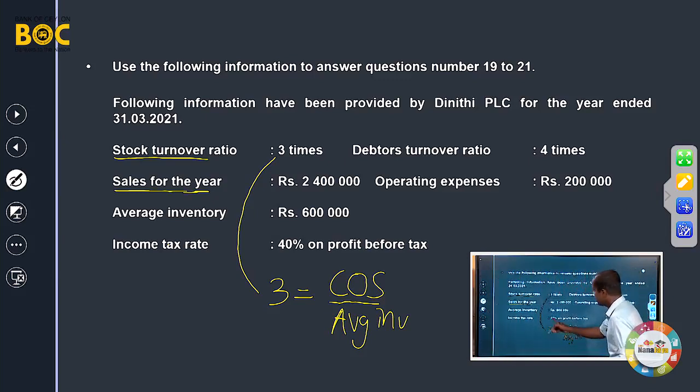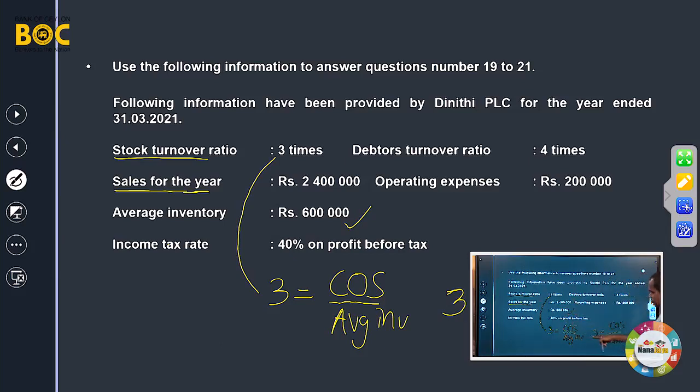The inventory turnover ratio is 3, and the average inventory is given here as 600,000. Then you can calculate cost of sales.